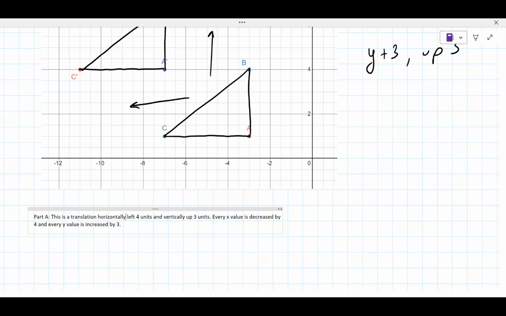Is decreased. And every YY increased by 3. And every Y value increased by 3.